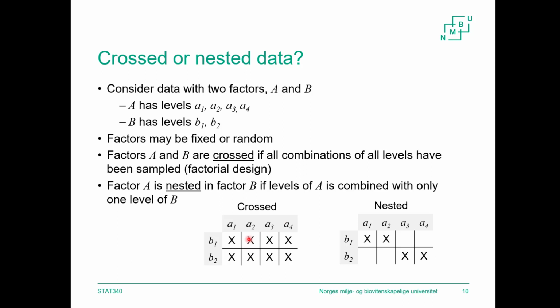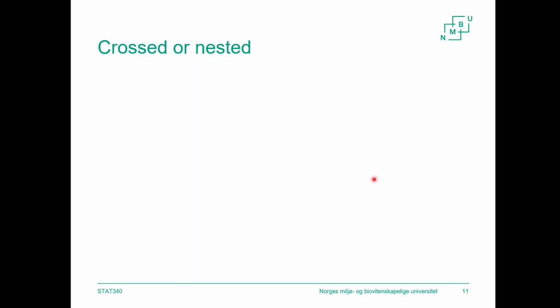But as I have defined crossed up here, you could actually have some cells missing up here as well, and still it's crossed, but then it's not a full factorial. But this is nested. And the difference between these two is what we will see in this course.